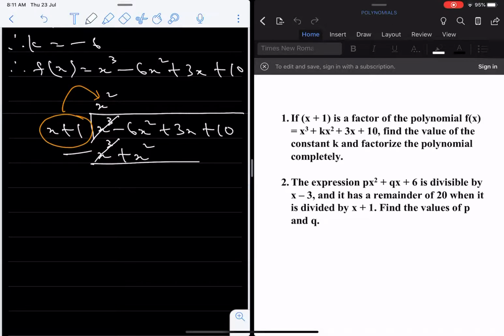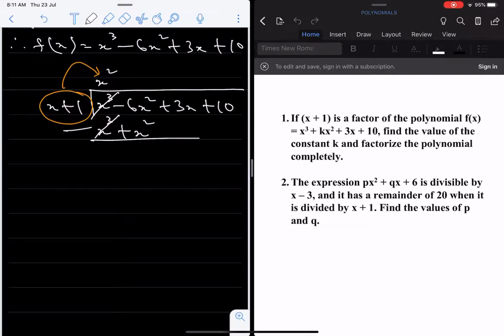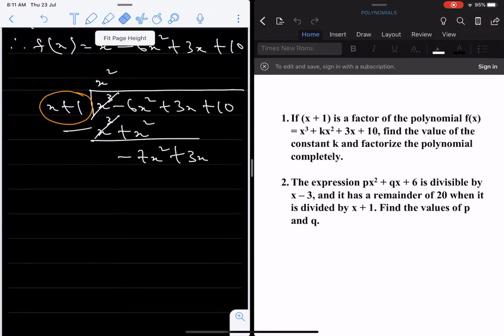x cubed minus x cubed is 0. Minus 6x squared minus x squared is minus 7x squared. And then we bring down the next term, which is 3x, and go again. Minus 7x squared divided by x is minus 7x.